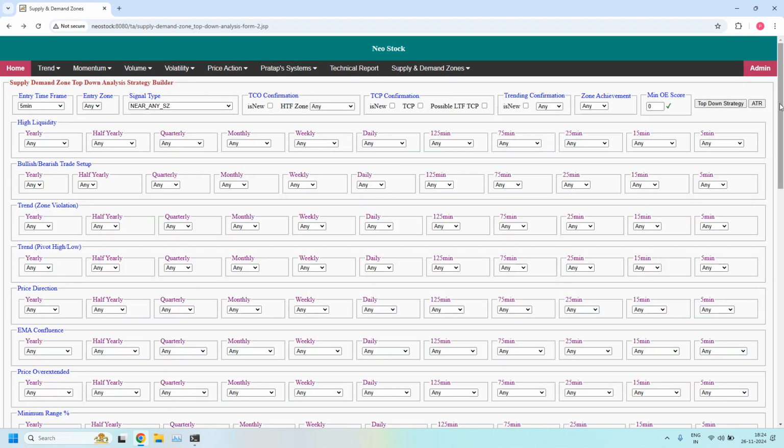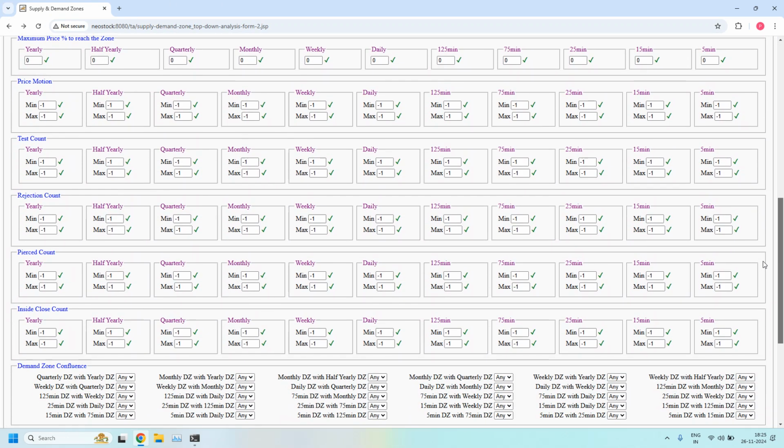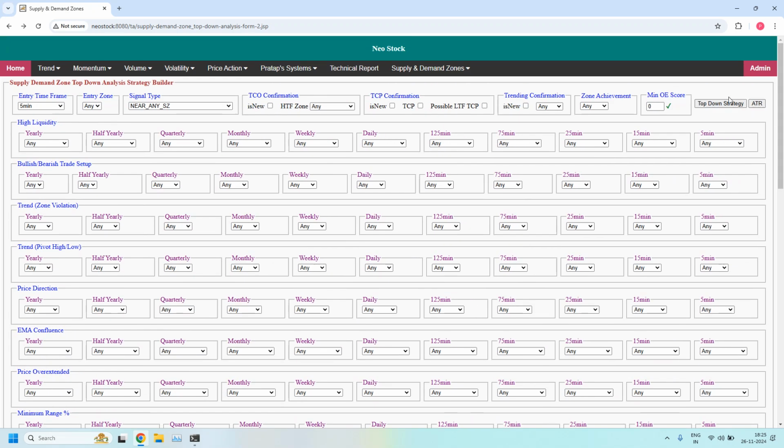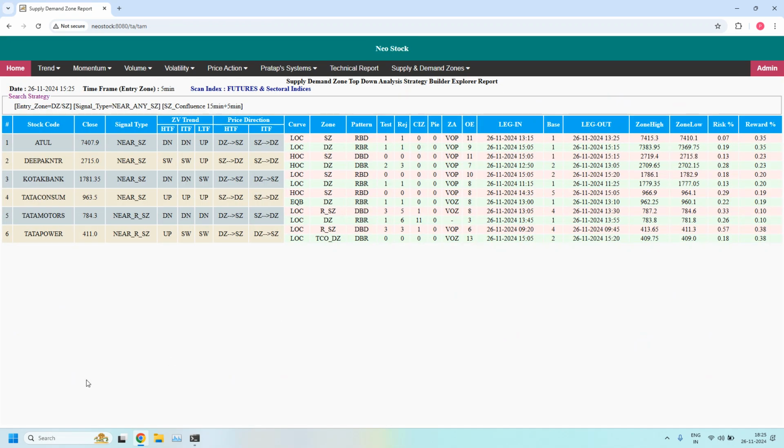Let's verify. In the supply zone confluence, 5 minute supply zone with 15 minute supply zone confluence filter is enabled. With this filter, we got 6 stocks. All these 6 5 minute supply zones are part of 15 minute supply zones.